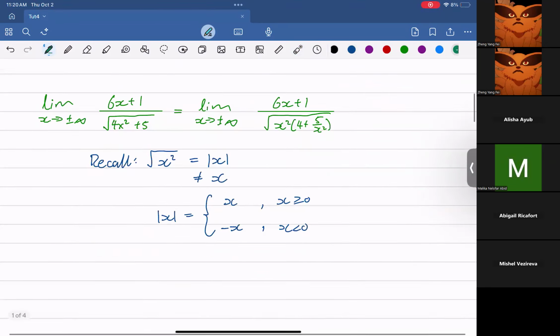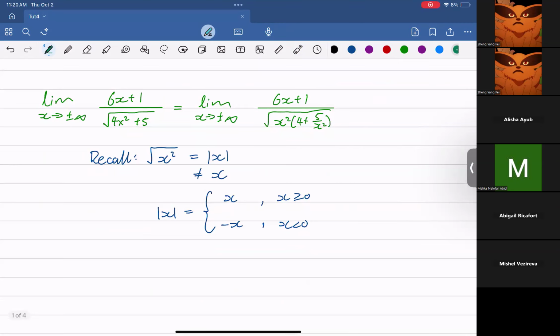So let's proceed. With case one, you let x go to positive infinity. So we're going to examine just the positive case for now. When x goes to positive infinity, we take the first branch, so the absolute value of x will simplify to just x.